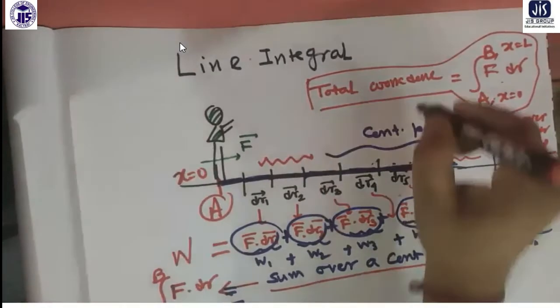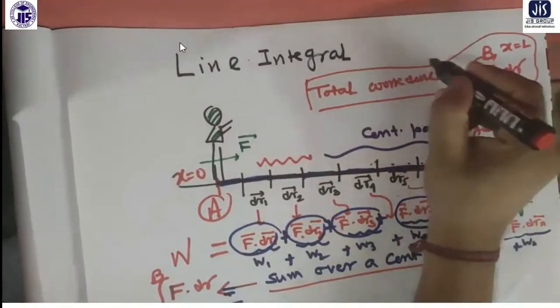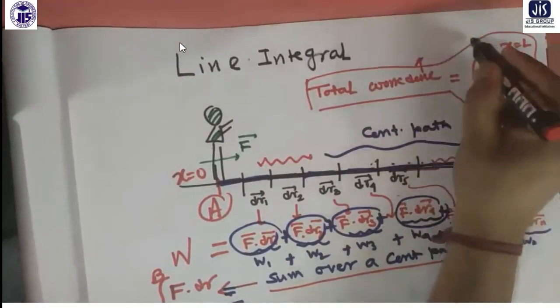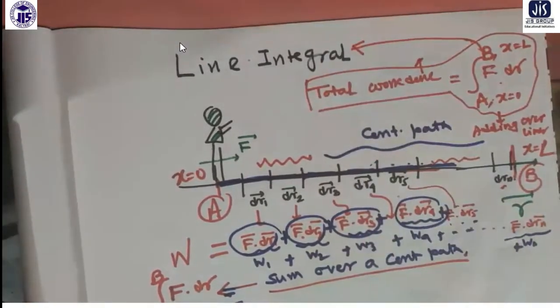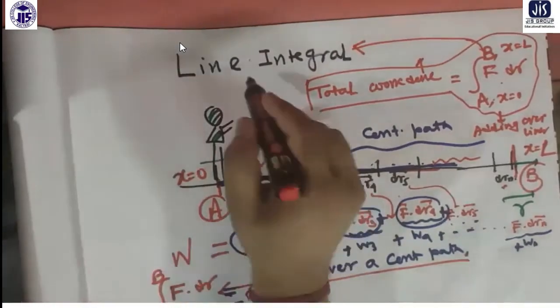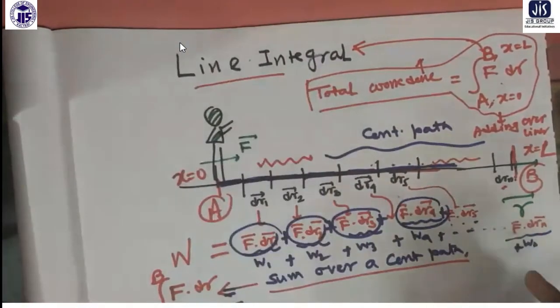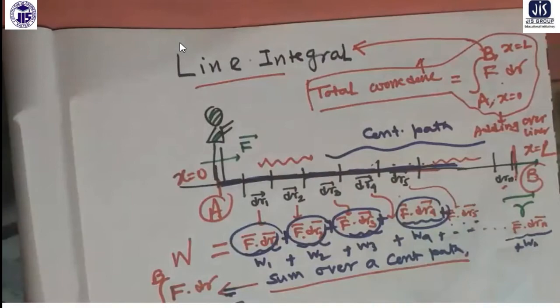That is why this type of integral is a line integral. Line integral means you integrate over a line. Here I am integrating over a line, that's why it is called a line integral.